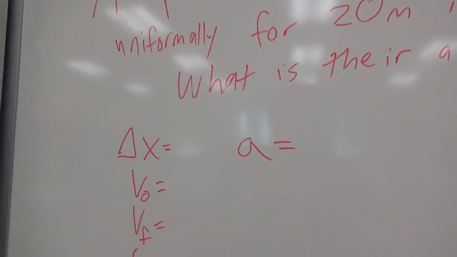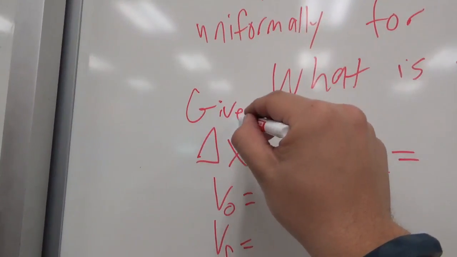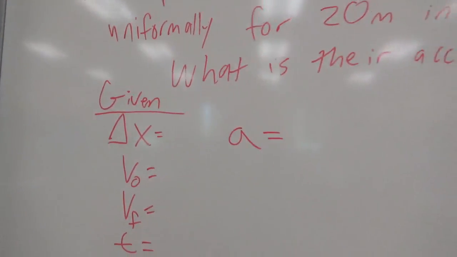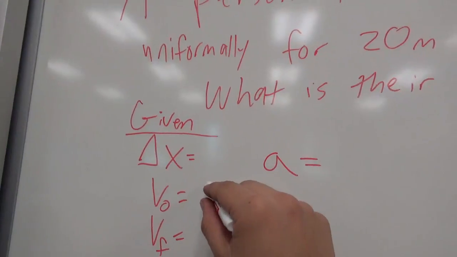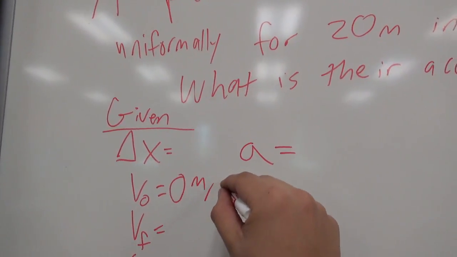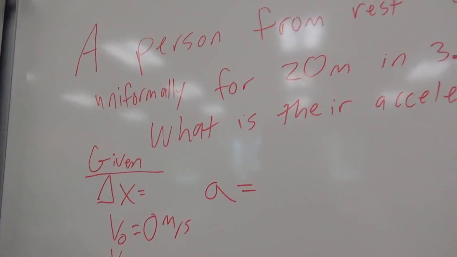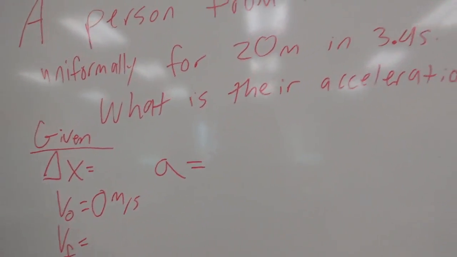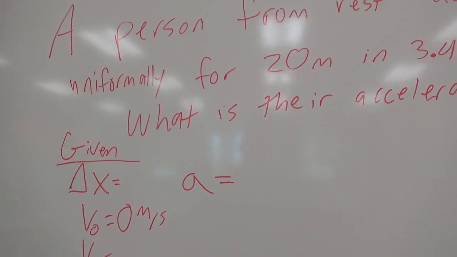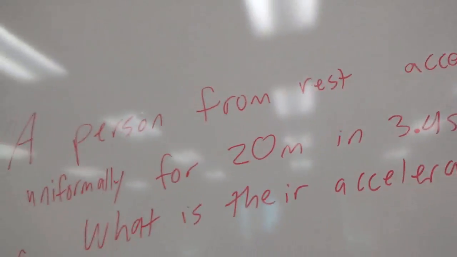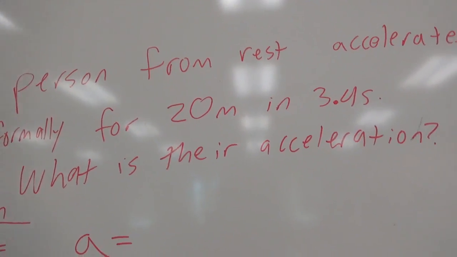Now, what I'm going to do is I always put down what am I given. Okay. I'm given that they start from rest, so they start from 0 meters per second. I'm given that they accelerate uniformly, so we're going to find the acceleration, right? Maybe. It says they accelerate uniformly for 20 meters in 3.4 seconds.